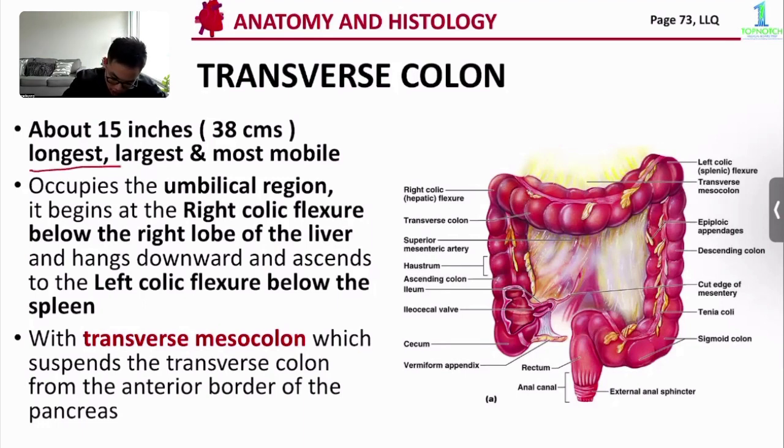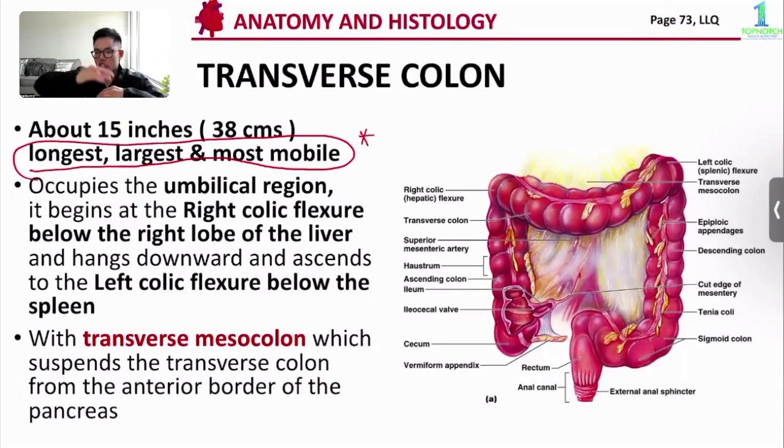Okay, so let's talk about the transverse colon, which is also an important one. Again, it is the longest, the largest, and the most mobile among them all. And this is suspended with a transverse mesocolon from the anterior border of your pancreatic area. The transverse colon, by the way, has a connection with the gallbladder. It touches your gallbladder.